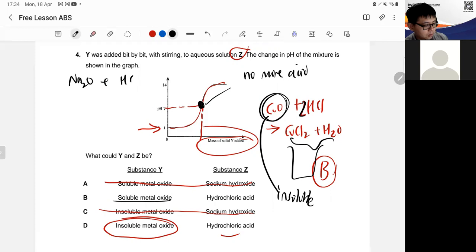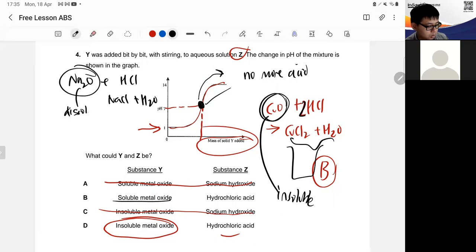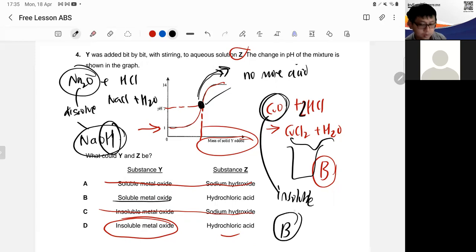At the start, the reaction produces salt and water, sure. At the midpoint, the pH is 7, all the acid is gone. But if I continue to add the soluble metal oxide, it can dissolve in water to form an alkali. Alkali contributes OH- to the solution, which forces the pH to go higher. And that's why the answer is B.